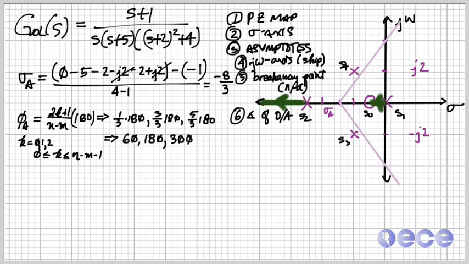So at angle 4, if we wanted to calculate this value, we know that if we take the angle of S0, which I'm calling angle 0, minus the angle at S1, minus the angle at S2, minus the angle at S3, minus the angle at S4, this is equal to plus or minus 180 degrees.